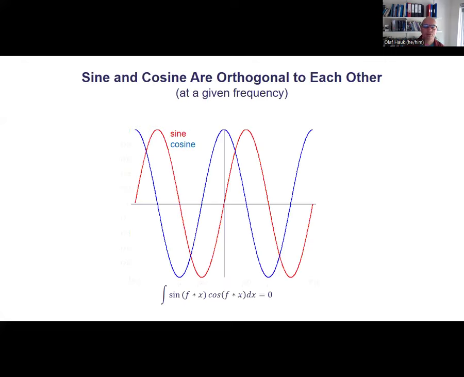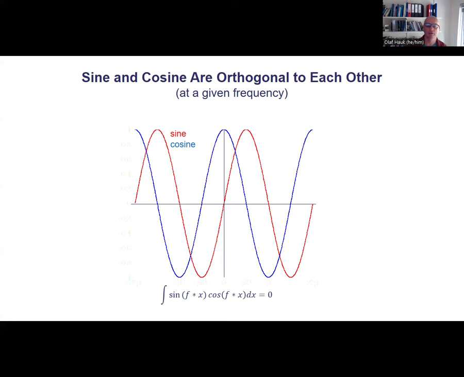It uses some properties of sines and cosines that help us to decompose our signal into periodic signals at different frequencies. First of all, at a given frequency, sine and cosine curves are orthogonal to each other.